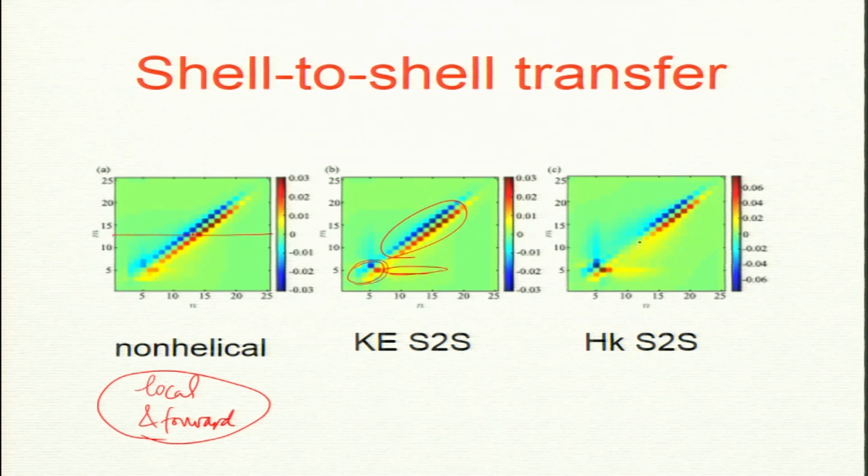Kinetic helicity is local and forward in the inertial range, but here there is some non-local transfer. Non-local means long distance; local is you talk to your neighbor, otherwise you talk to long distance neighbors. So kinetic helicity has a bit of non-local component from the forcing band, which is an interesting concept that we need to investigate in more detail.